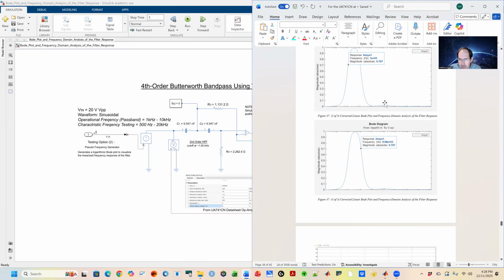This little blip right here is caused, like I was talking about, by that slew rate. This is where the frequency gets so high that some of the output starts getting sent back into the input, and that's what causes it to actually have gain in this area, because it's non-ideal. So that's what this is.